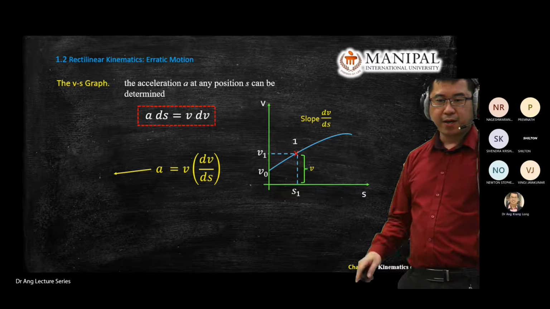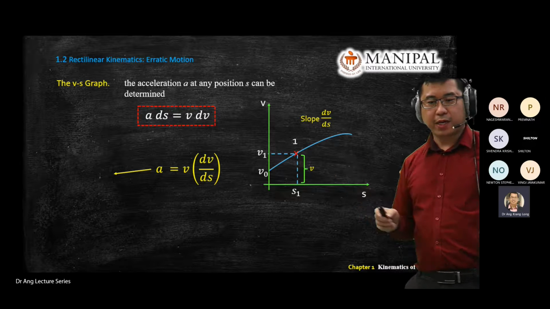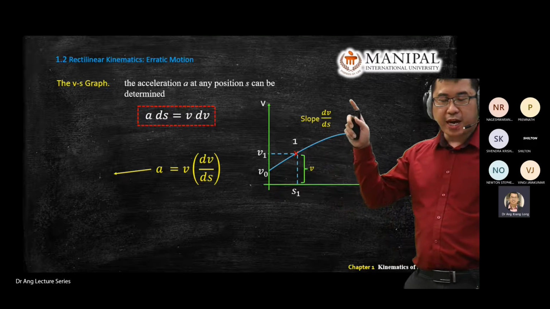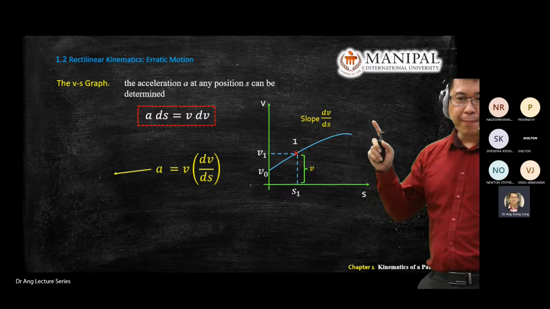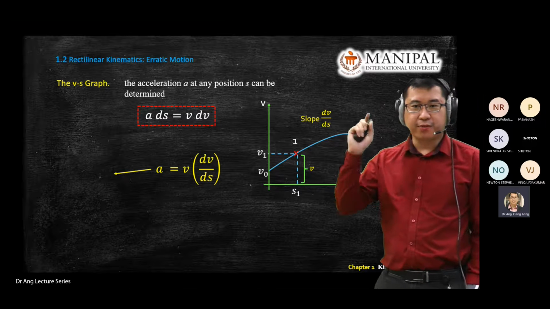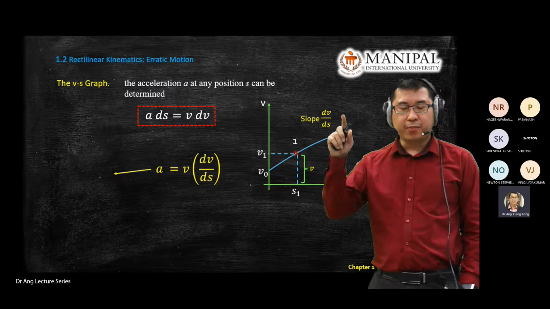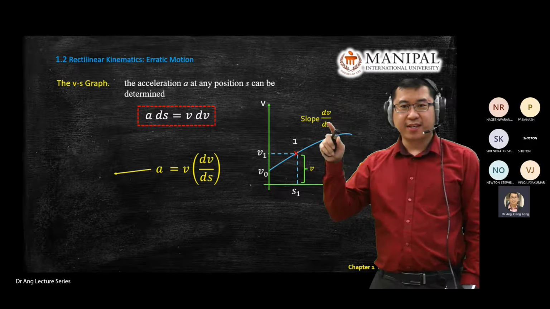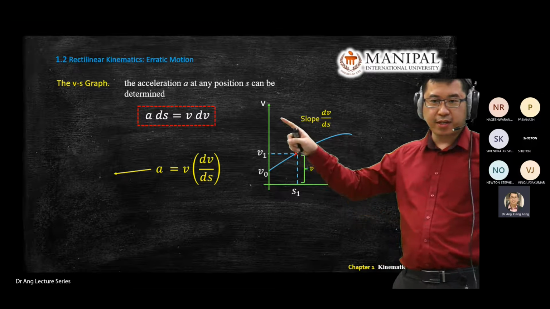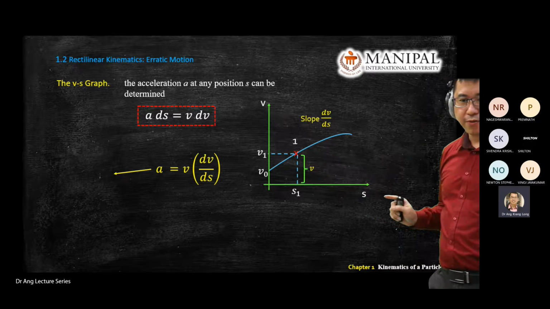Okay. Try to recall what you learned in mathematics. Linear equation, you have y equals mx plus c. Recall how you get the gradient m. M, you take delta y divided by delta x. Same concept applies here, only the axes changed to V versus S.